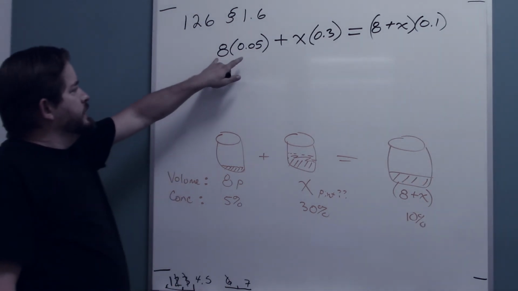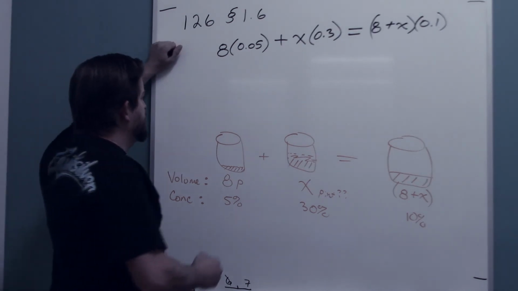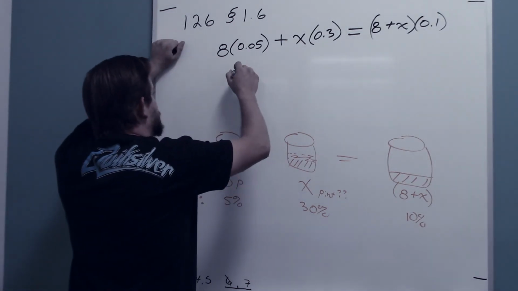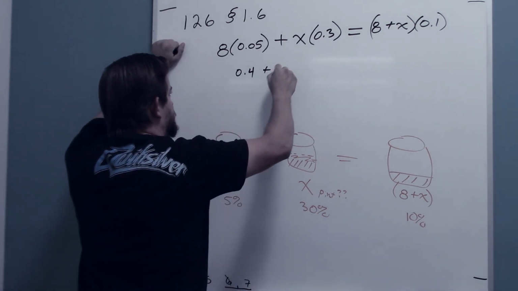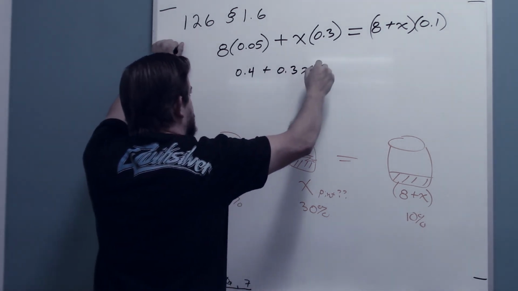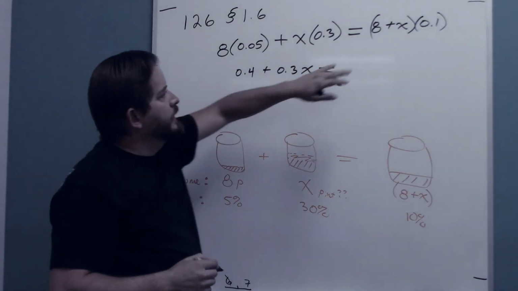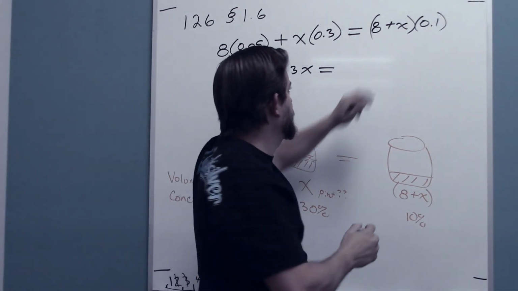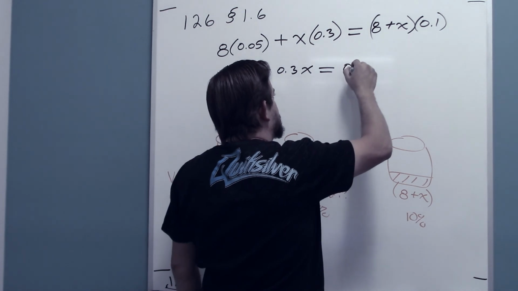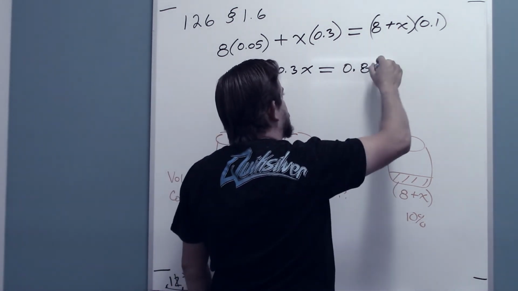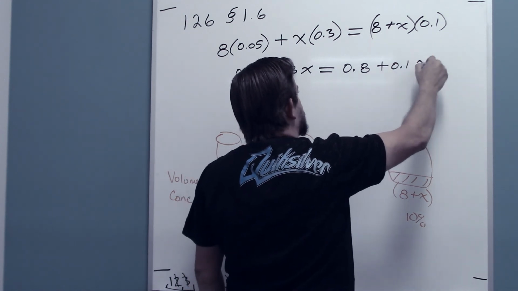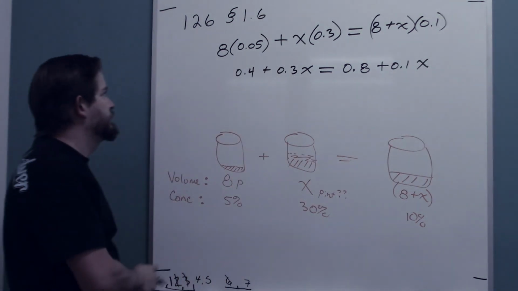But I can multiply these, right? 8 times 0.05 is 0.4 plus 0.3x equals. I can distribute the 0.1 through. 0.1 times 8 is 0.8. Distribute it through to give me 0.1x.